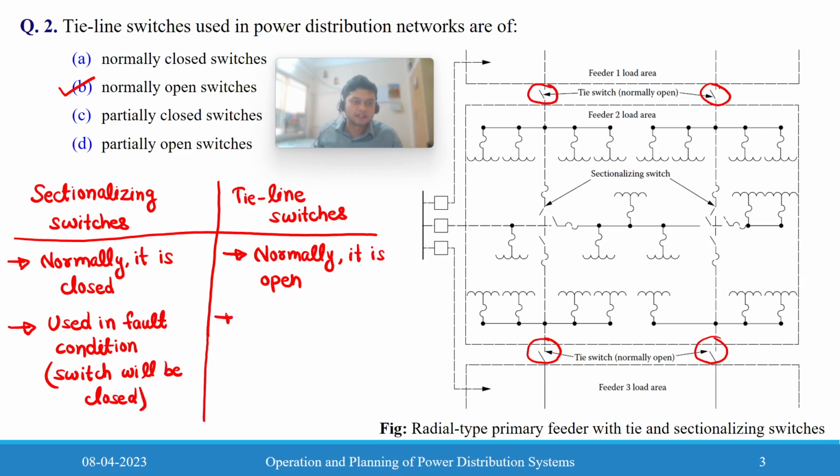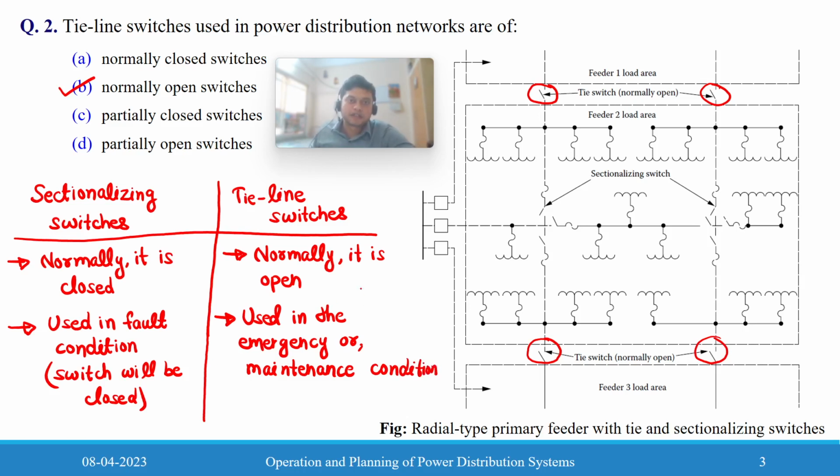The tie line switch is used in emergency or maintenance conditions. Suppose feeder 1 is unable to supply power to its load areas, or maintenance is going on on feeder 1; then we can take power from the other feeders.